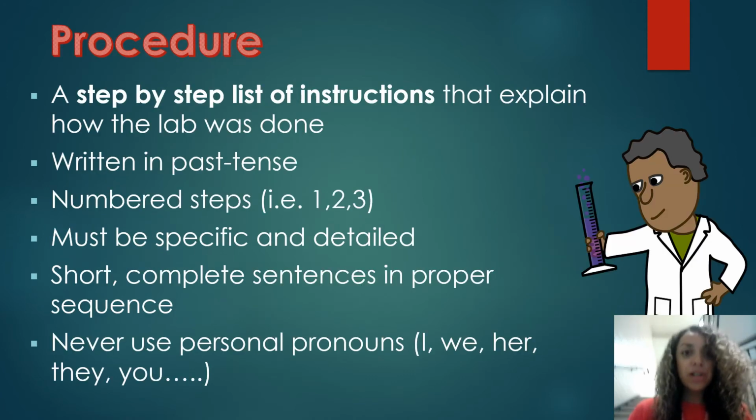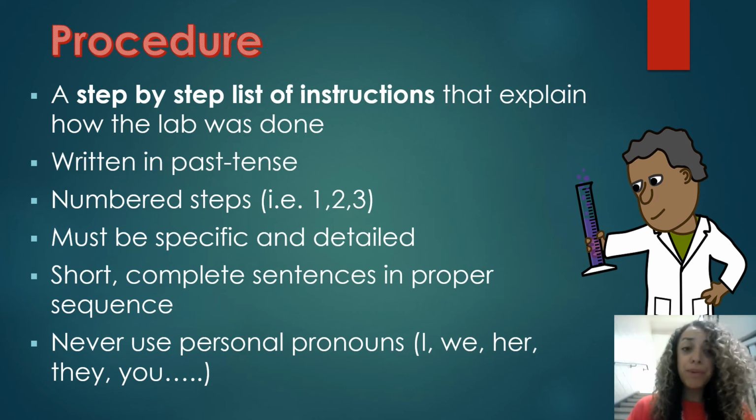The procedure comes next. The procedure is a step-by-step list of instructions that explain how the lab was done. We write the procedure in past tense and we number each step. The steps must be specific and detailed. Remember, you want someone to be able to replicate your experiment step by step. So you have to be very clear on how to do the experiment if you want that to happen.